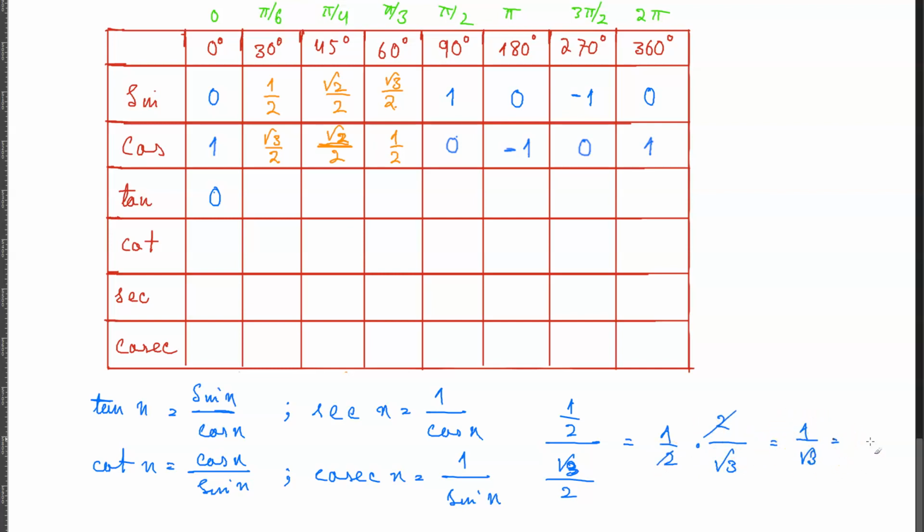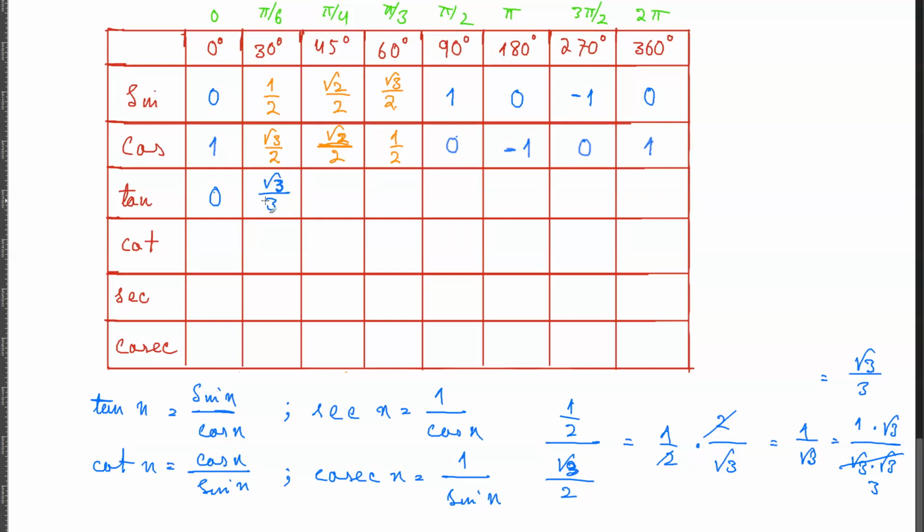You can write it as 1 over square root of 3 and multiply the numerator and denominator by square root of 3. This becomes a 3, so that is square root of 3 over 3. So tan of 30 degrees is square root of 3 over 3.